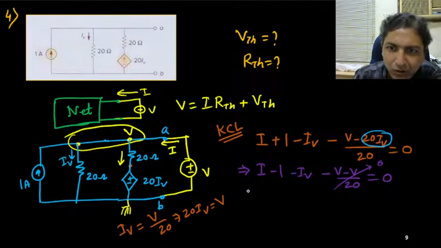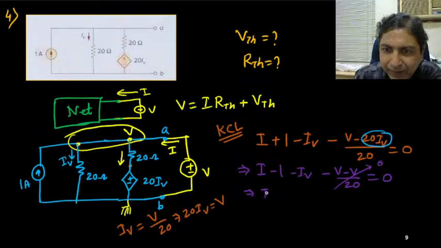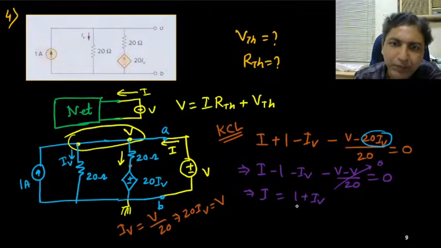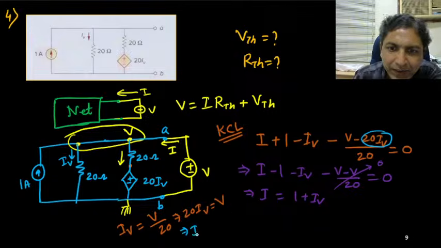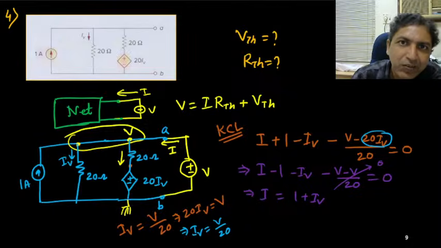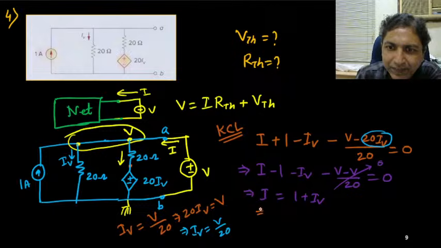Okay, so what we are getting? This capital I equals to 1 plus IV. And what is IV? IV I can replace V upon 20. Okay, so if I use these things, so what I will get?